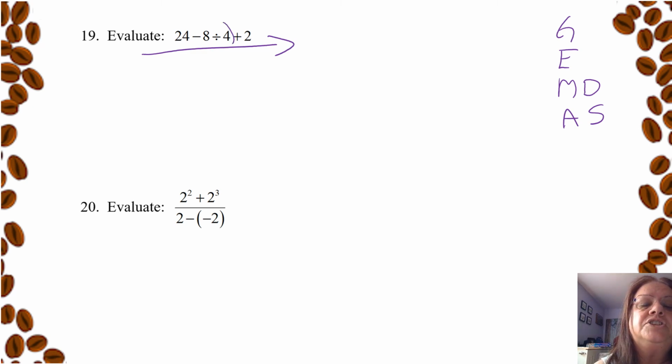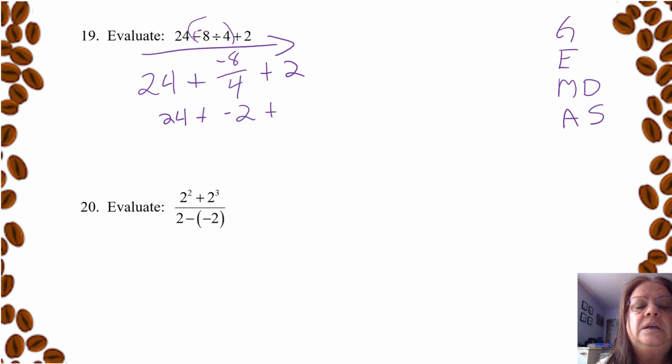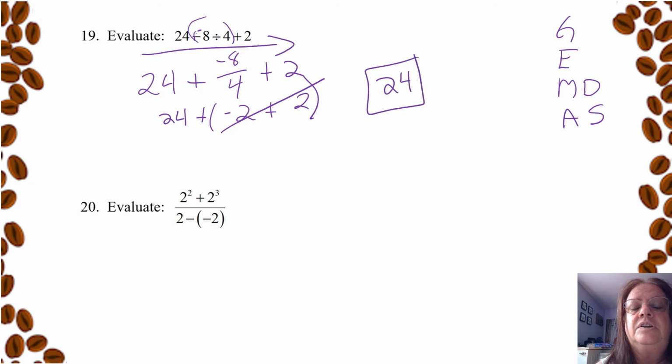So what I'm going to do is change this into plus a minus 8. So I can associate this. So now I have 24 plus -8/4 plus 2. So that's 24 plus a -2 plus 2. All right, these I can associate and they become 0. So my answer is 24.